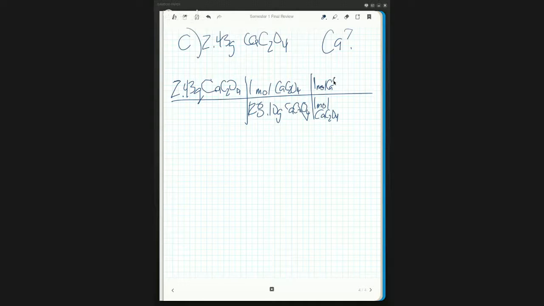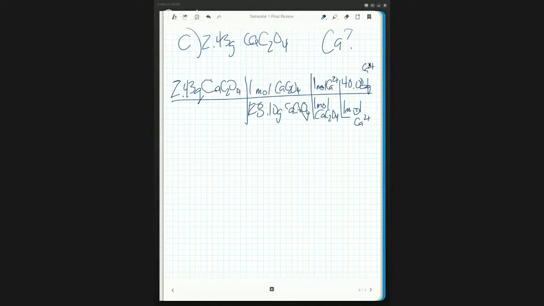We'll call it the 2 plus ion, not that it affects its mass at all. And for every 1 mole of calcium 2 plus, that is 40.08 grams of calcium 2 plus.